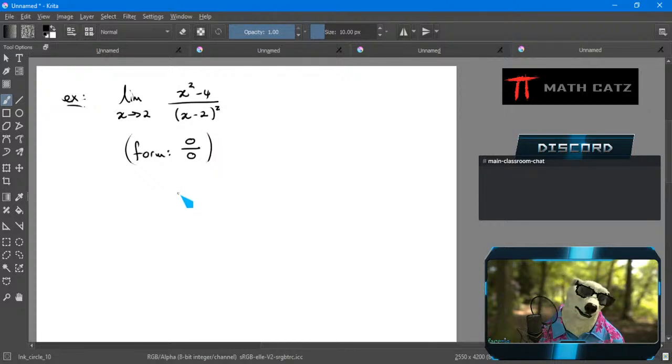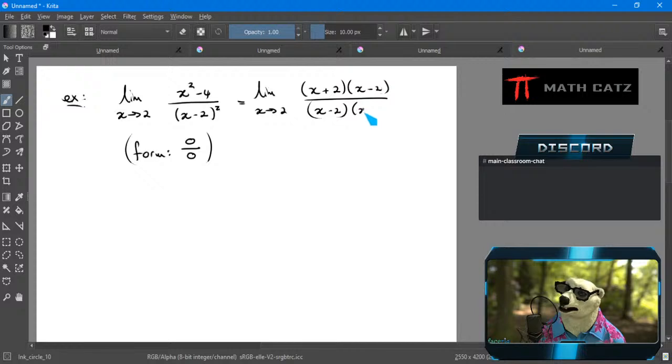Okay. It's not the answer I was hoping for, or the form I was hoping for, but at least it tells me, okay, now go and look at this function and see if I can clean it up and look at the behavior of a simpler function that's equivalent. For rational functions, it's really about trying to factor this and see what I can do. So I factor it, and I see if I can do any cleanup here.